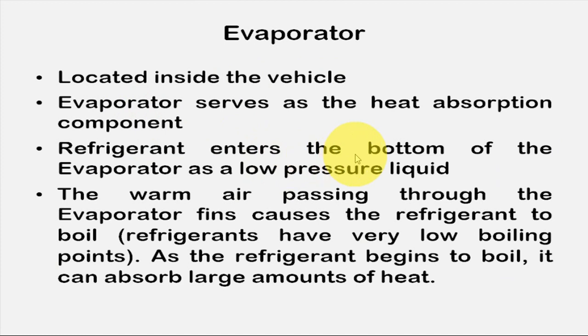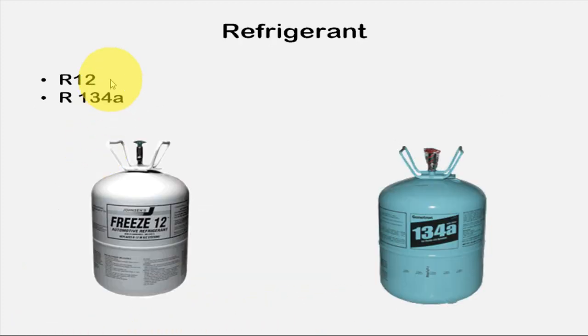The refrigerant enters at the bottom of the evaporator as a low pressure liquid, and the warm air passing through the evaporator fins causes the refrigerant to boil. The refrigerant has a very low boiling point, and as it begins to boil, it can absorb a very large amount of heat. Generally, the refrigerant used in automobiles is R134a. In this way, the refrigerant is stored in this can.